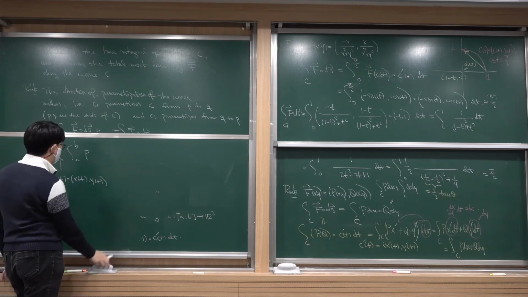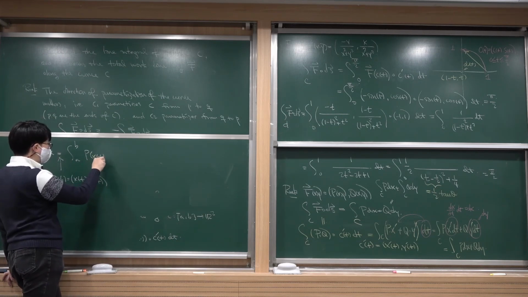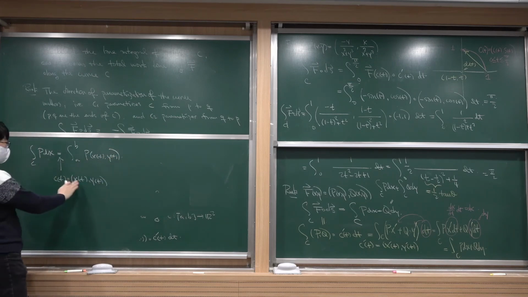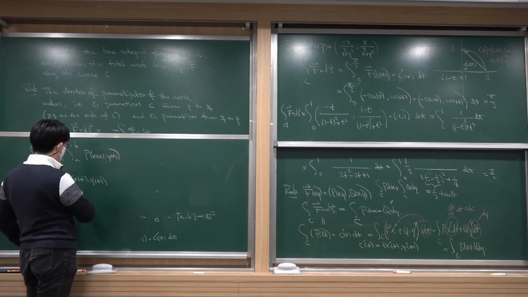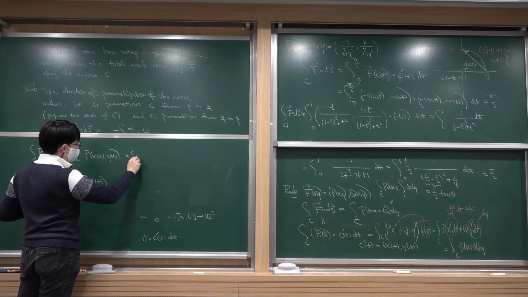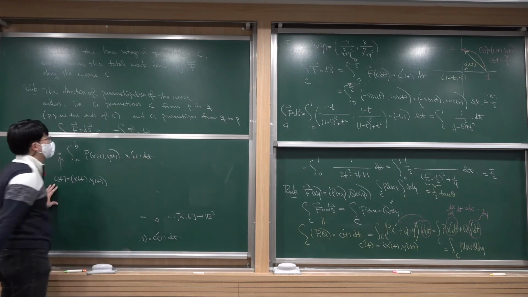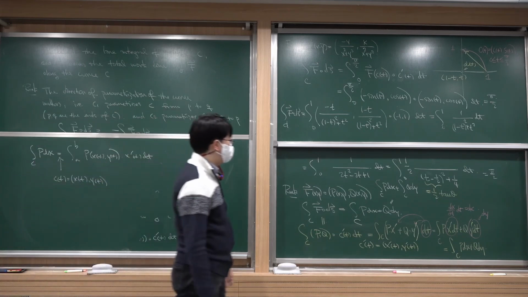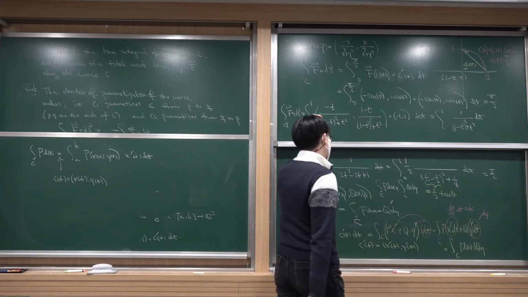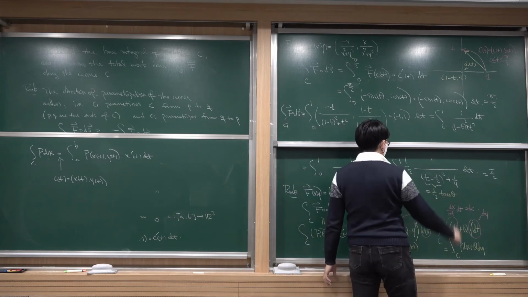Of course, we have to plug in x(t) and y(t) for p, but we are not considering the direction of y on this curve. So we are only talking about the t here. Then you can do the same thing for q dy. So this notation makes some calculations easier. Okay.